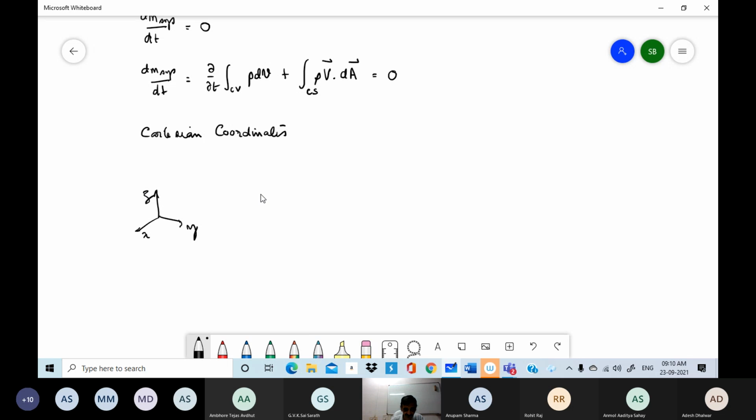In this coordinate system, let me choose a small element, a rectangular element with dimensions dx, dy, and dz in x, y, and z directions. So then this is dx, this is dy, and dz.